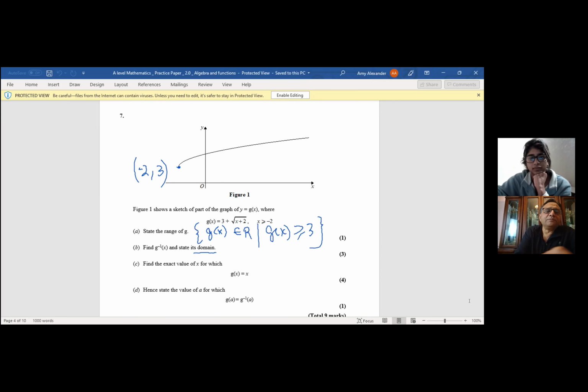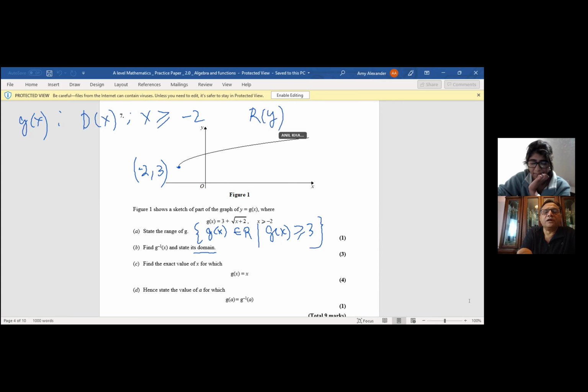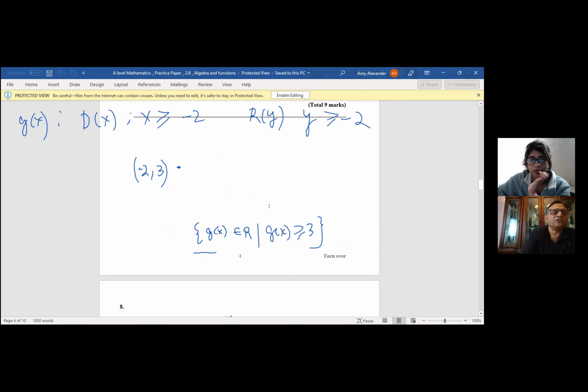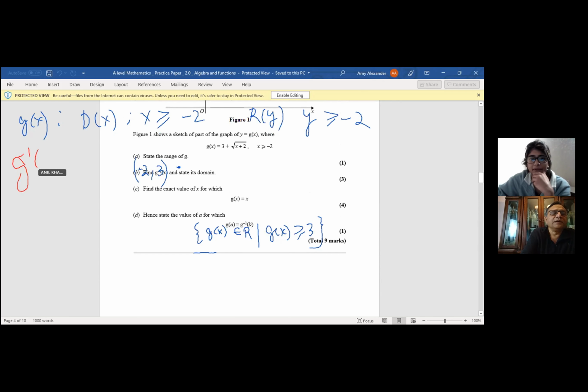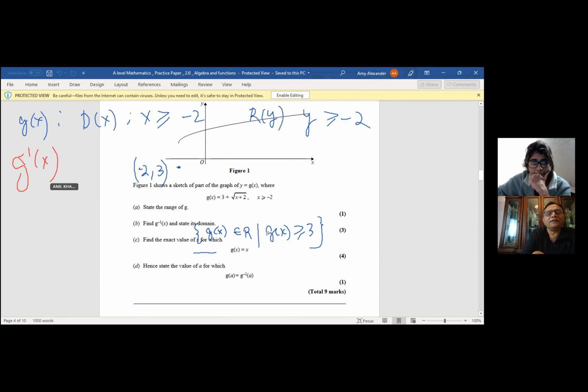So let us write g(x) domain and range first, right? As far as domain is concerned, the value of x is greater than or equal to, as also given here, minus 2. And as far as the range is concerned, we'll write y is greater than or equal to minus 2, correct? Now, if I do the inverse of the function, that is g inverse of x, in that case, domain and range will swap.